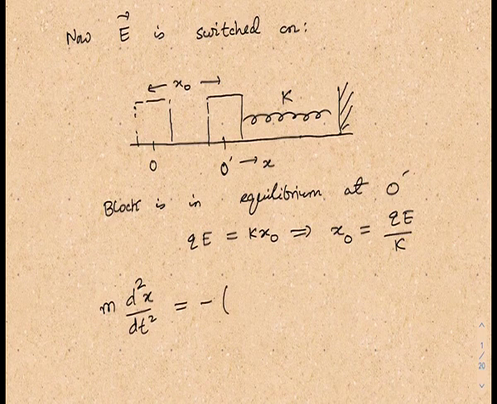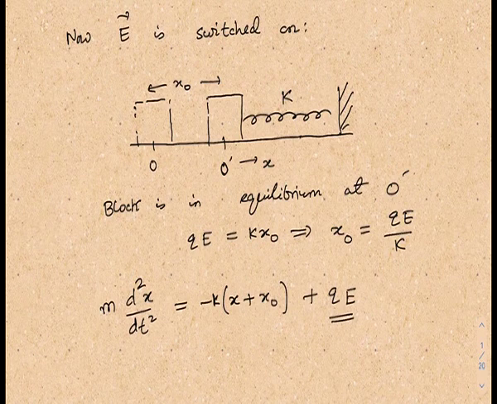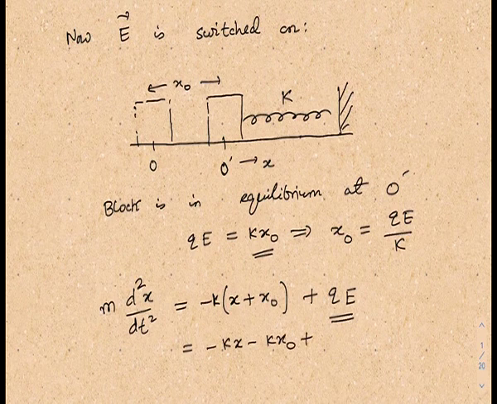One is due to the spring, that would be minus k into x plus x0, because it is shifted from the original position, so this would be the spring force, and there is an external electrostatic force, it would be qE, and you already know that qE is equal to kx0, so you have minus kx minus kx0 plus kx0, so you are left with simply minus kx.